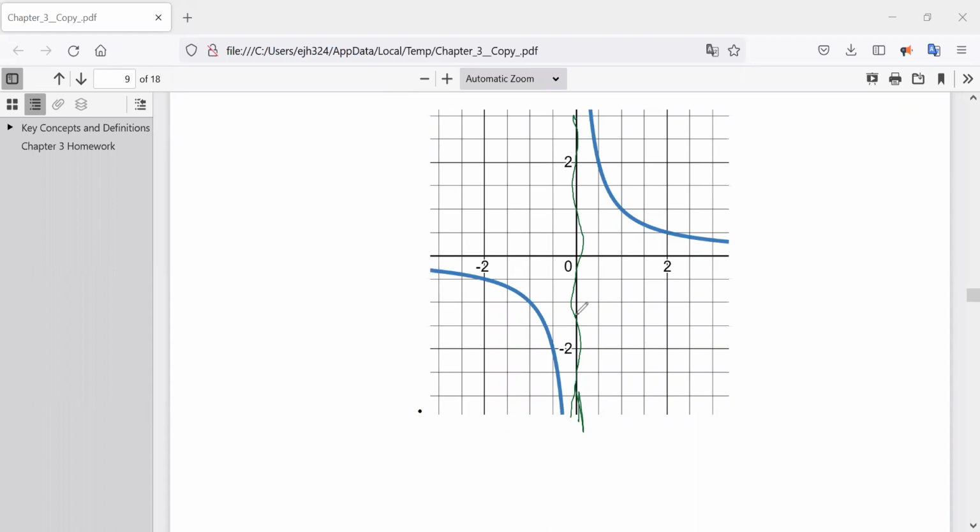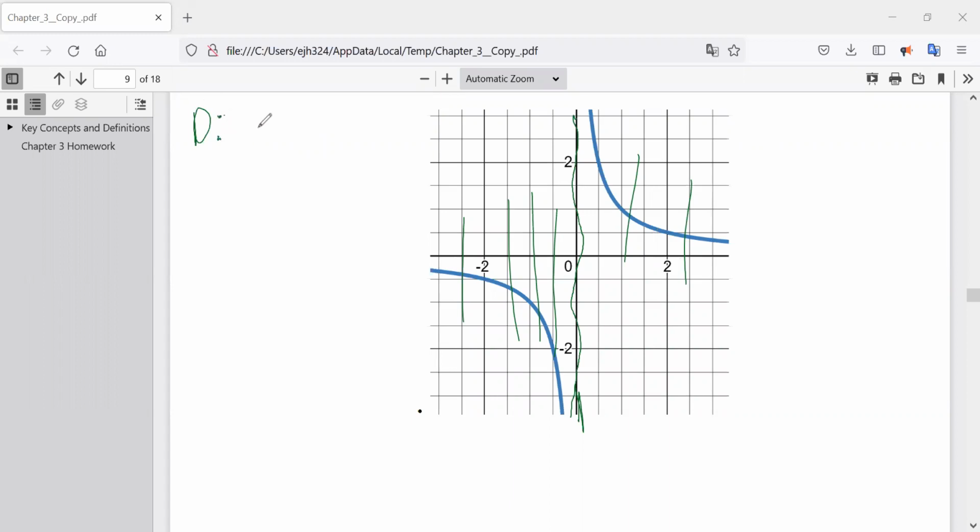Well, no, it is a function, because any vertical line we draw doesn't have 2 points through it. So this is just a function that is undefined at 0. So it's a function whose domain is a little bit more restricted than we're used to dealing with. Oh, okay, that makes sense.